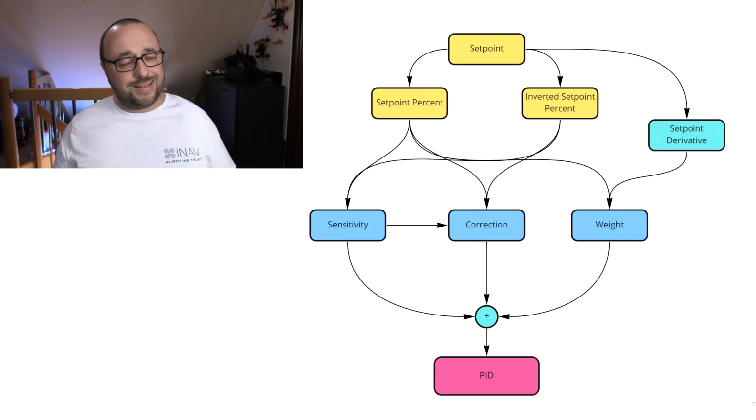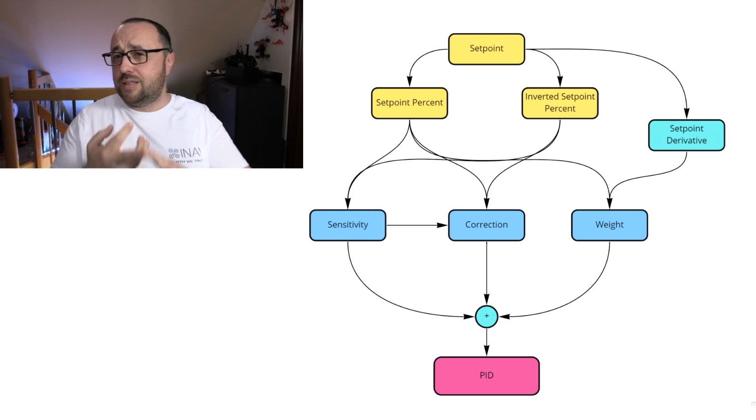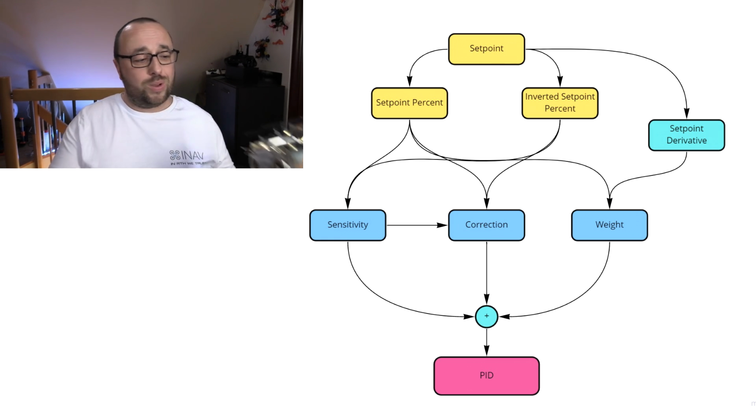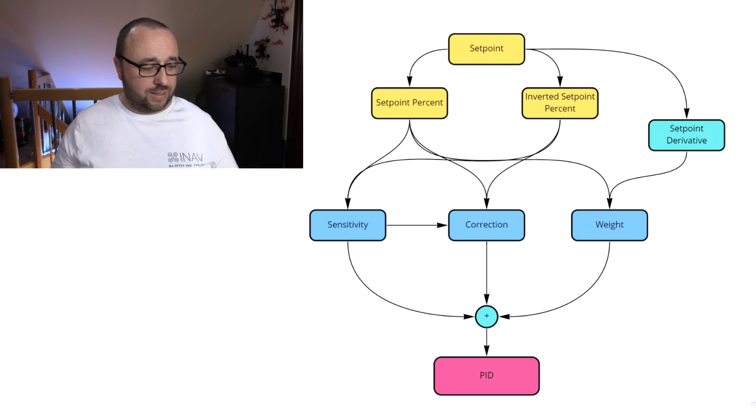That would be something. EmuFlight Rate Dynamics allows you to set sensitivity, correction and weight independently for the situations when the stick is in the center and when the stick is fully deflected. What is sensitivity, correction and weight? We will talk in a moment.